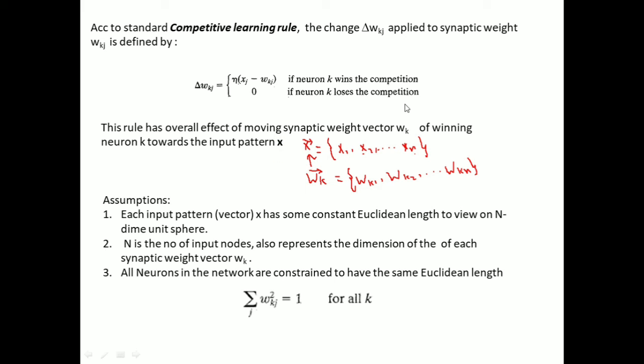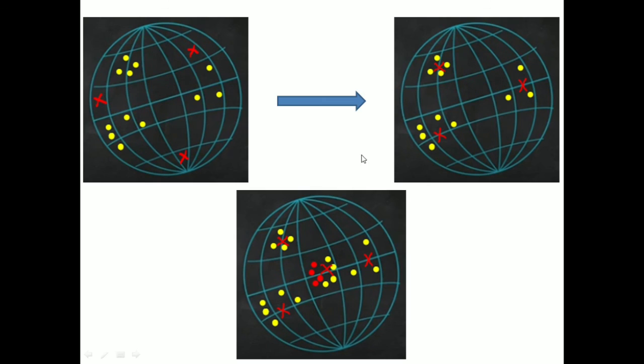If we plot these input vectors and the synaptic weight vectors on a three-dimensional plane, it looks like this. Here the dots in yellow color represent the input vectors and the crosses in red color represent the synaptic weight vectors of three output neurons.